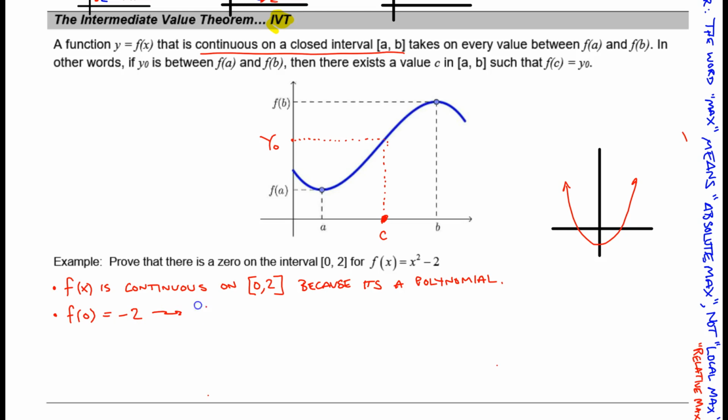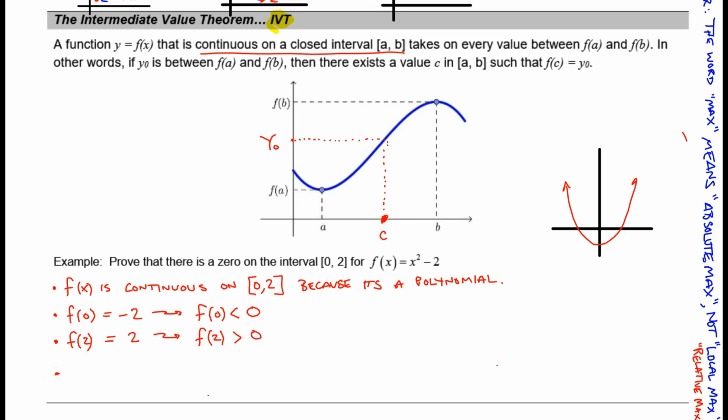And I know that value, -2, is less than 0. I'm going to look at the other endpoint on the interval, f of 2. And if I plug in 2 to the function, 2 squared, or 4 minus 2, is +2. So I know that f of 2 is greater than 0.